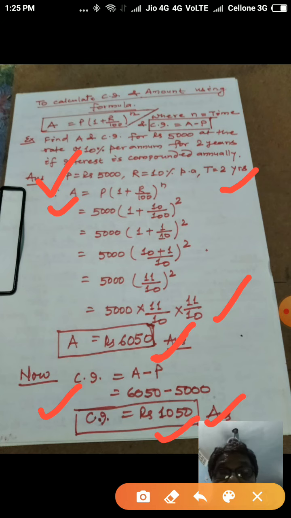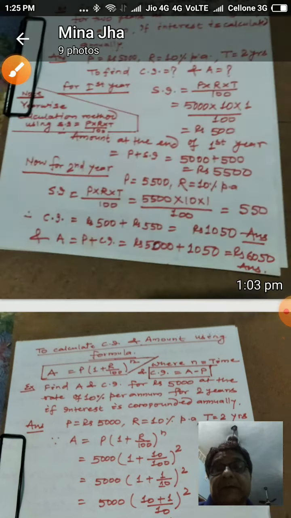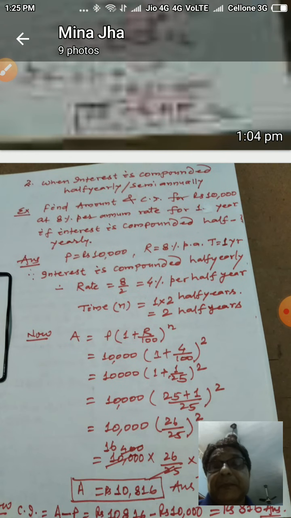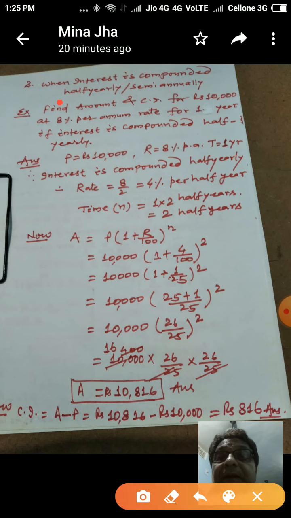Okay, now we will discuss another situation, when one more condition is written in the question, and that condition is when the interest is compounded semi-annually, that is half yearly.